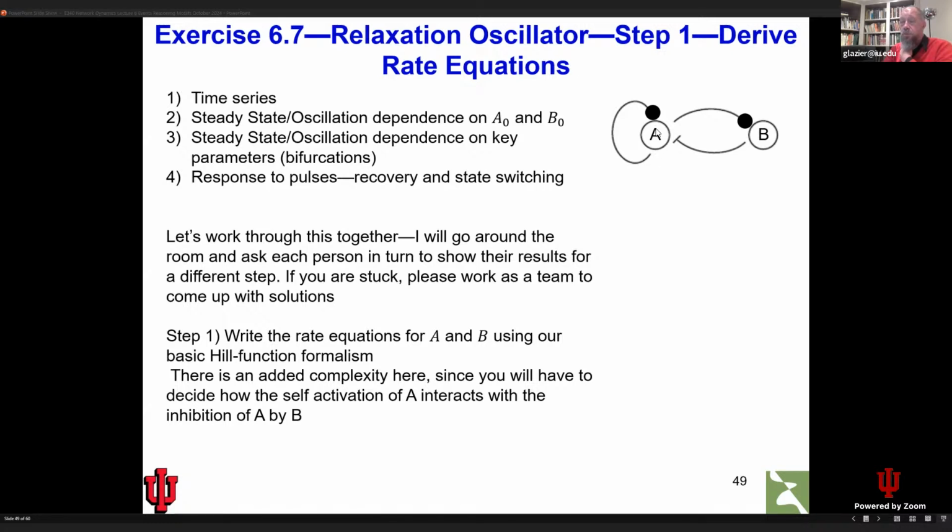A promotes itself. A promotes B. B inhibits A. Where is there a combined regulatory circuit? Here I wrote the slide assuming there's more than one person in the room, but you've done the homework problem, so you've thought this one through.